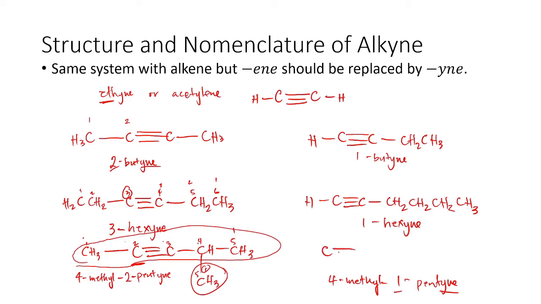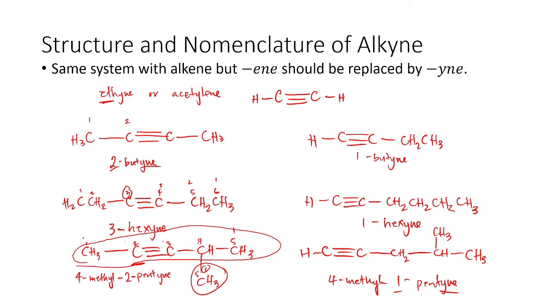We have here our first carbon, then we have here our triple bond, we have here our hydrogen, here our other carbon, then we will have here our third carbon. So we have here CH2 that is bonded to our CH that contains our methyl and another methyl group. So that will be 4-methyl-1-pentyne.